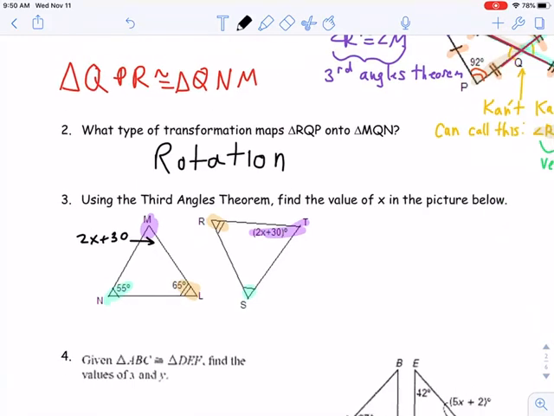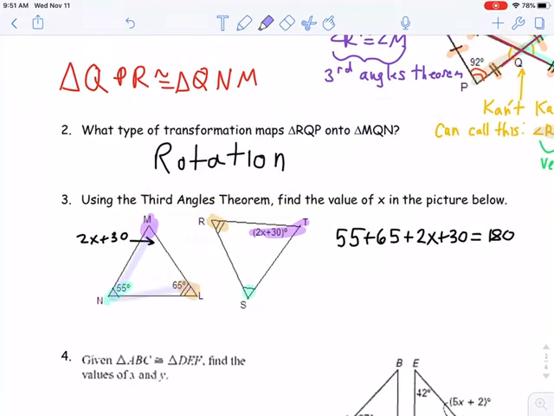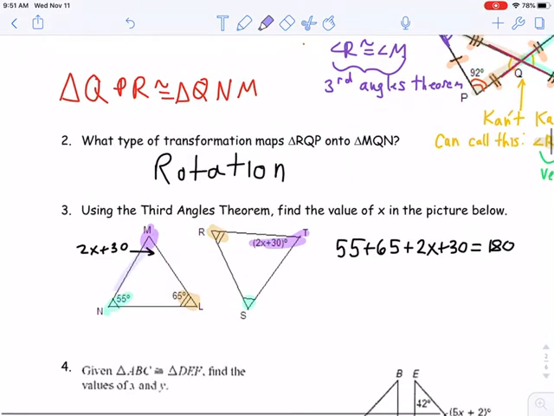So what this means is that all the angles have to add up to 180 degrees. So I have 55 plus 65 plus 2x plus 30 equals 180 degrees. And to get that equation, just to emphasize things, all I did was this purple triangle on the left. All I did was add up all the angles.